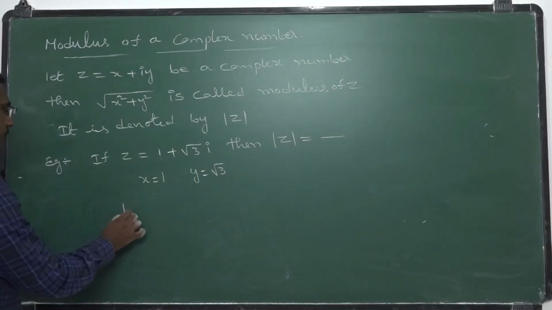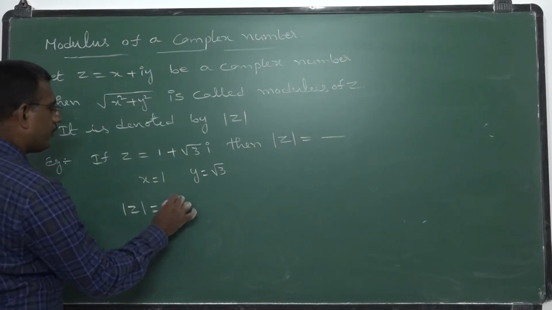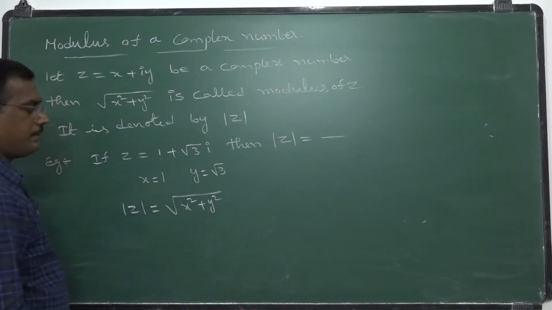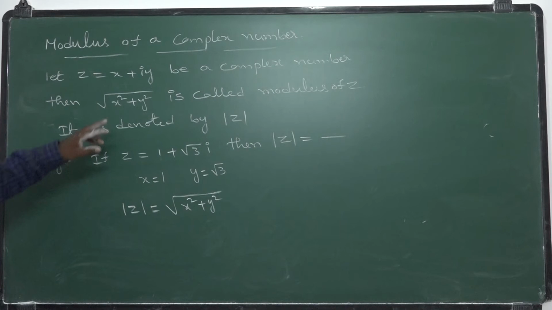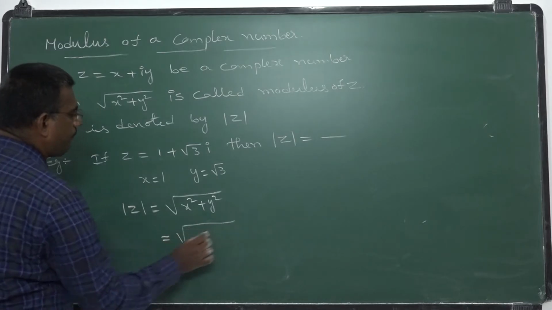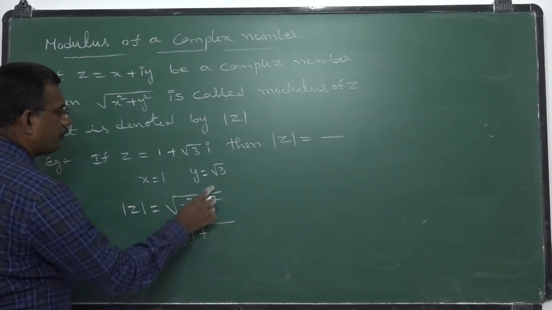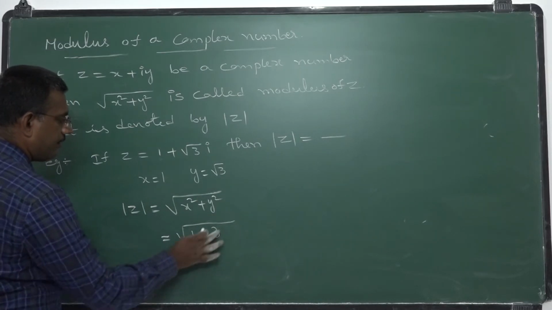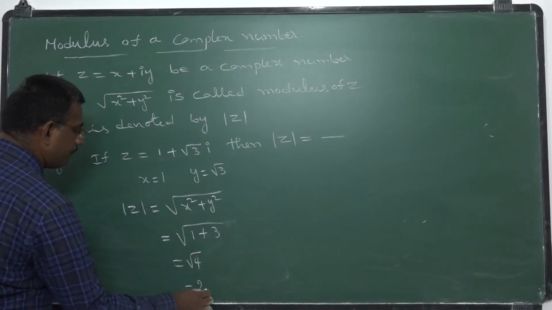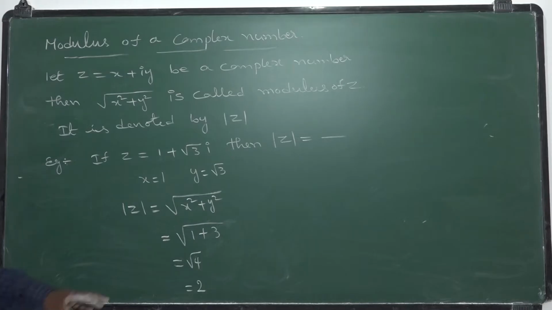So modulus of z is equal to root of x square plus y square. This is the definition of modulus of a complex number. So that's equal to root of 1 plus root 3 whole square, that's equal to root 4, that's equal to 2. So mod z is equal to 2.